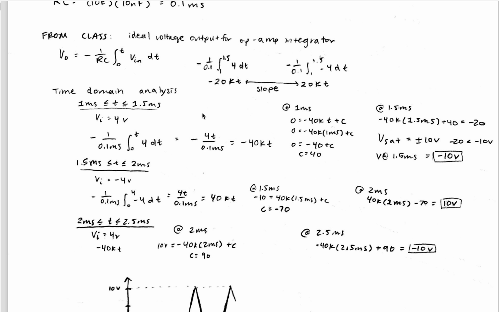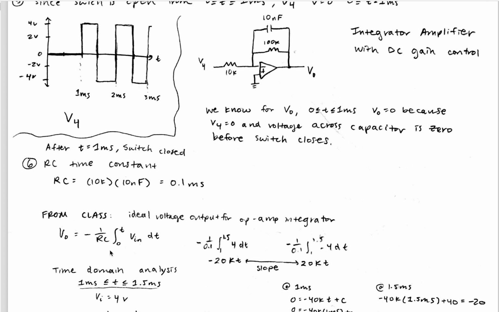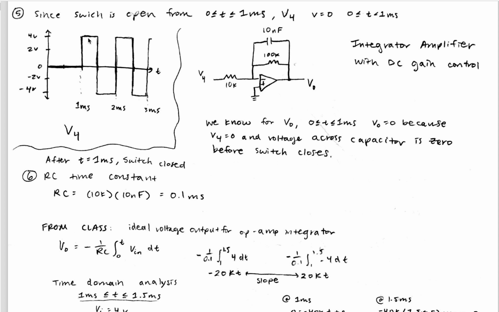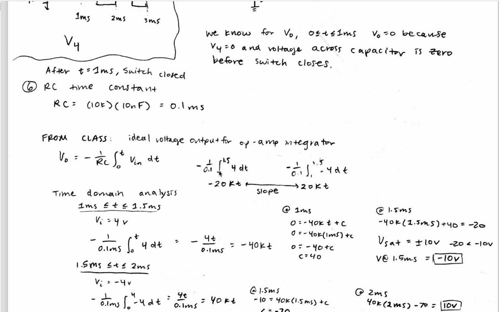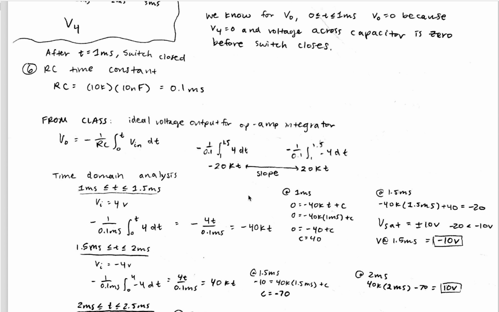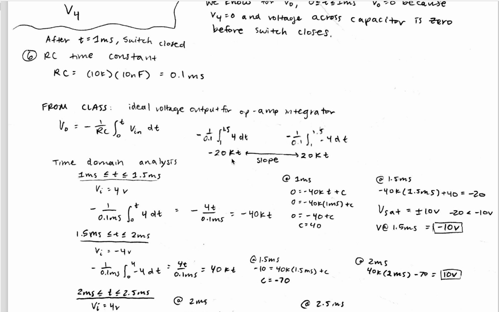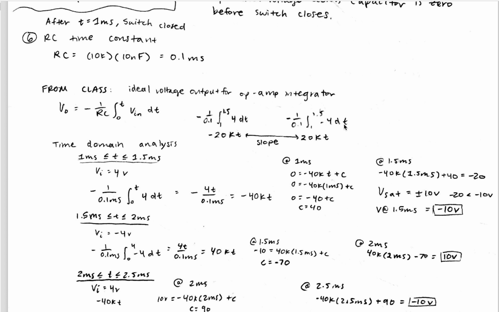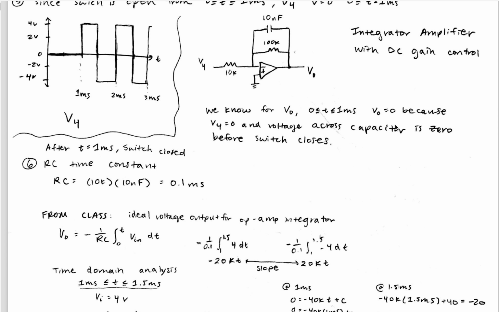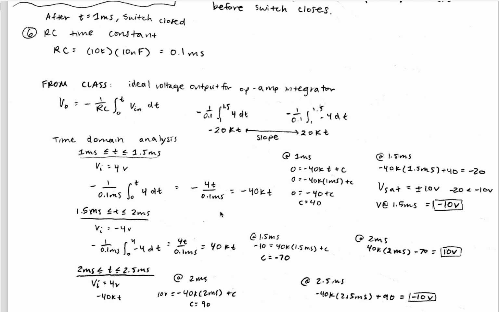If we plug in values using the V4 graph, we can see the maximum will be 4 volts for half a period and then negative 4 volts for the other half of a period. We plug that in and we get a slope of either negative 20k times t or 20k times t, depending on whether you're on a negative or positive voltage value.